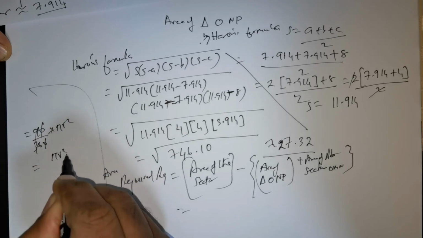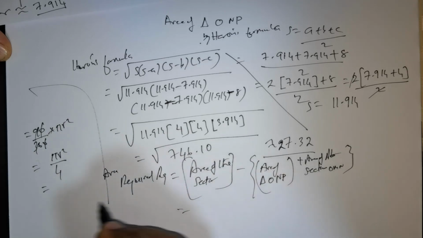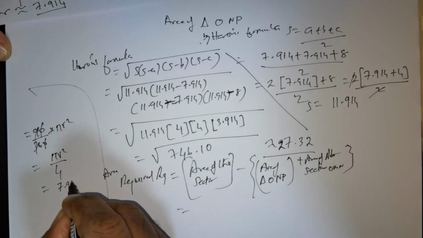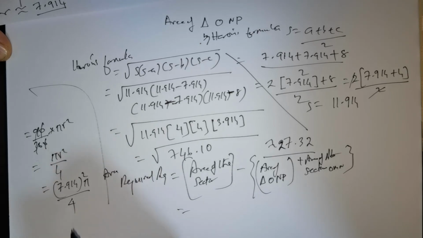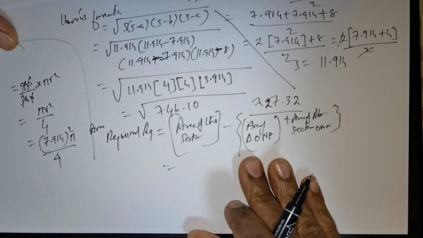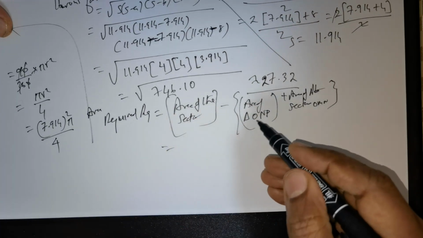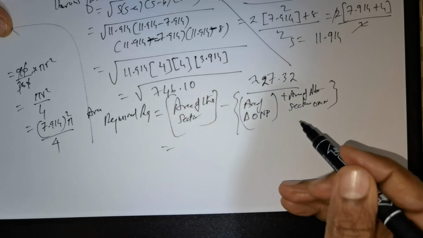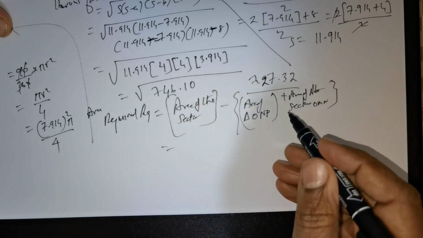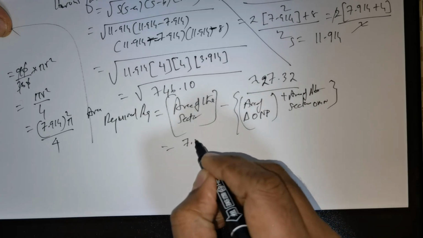So you have pi r squared divided by 4. My radius is 7.914 squared times pi divided by 4. So I could have actually placed a pi, because apparently pi is occurring everywhere. Okay, never mind, we'll just place the value.